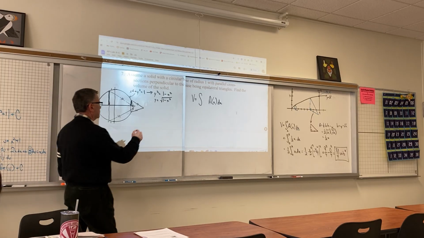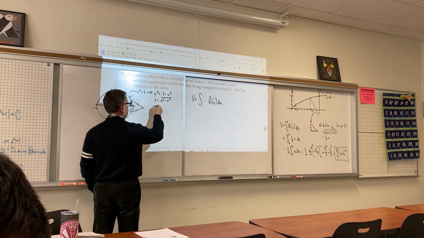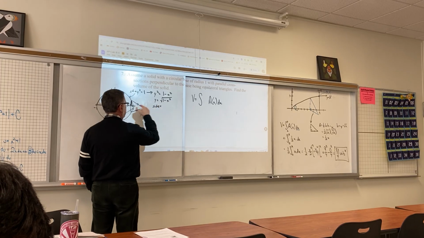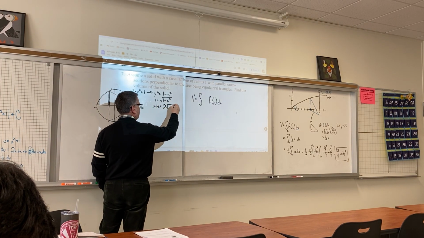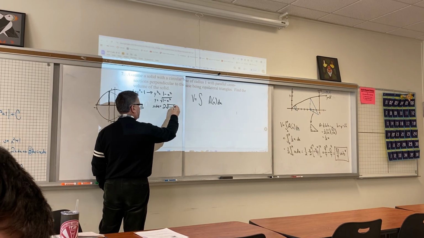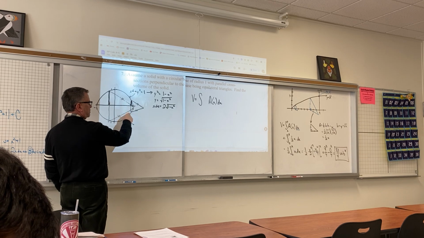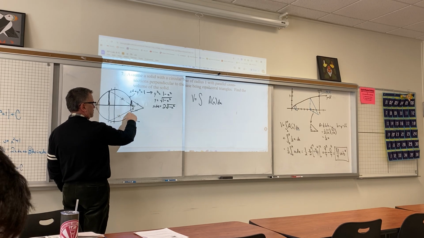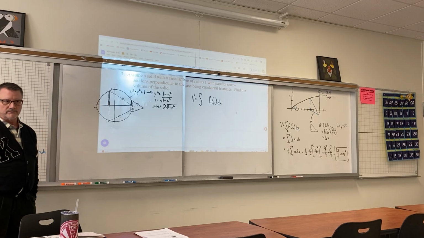So the side, I bet it would be 2 of those. So that's going to be 2 times the square root of 1 minus x squared. That's going to be the same thing. They're all equilateral.